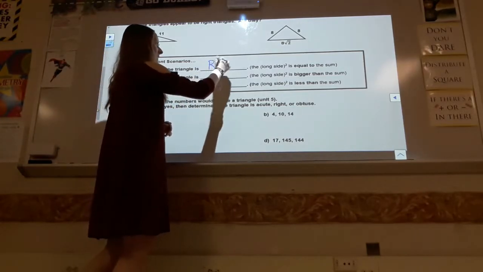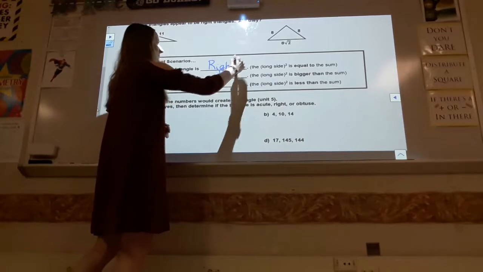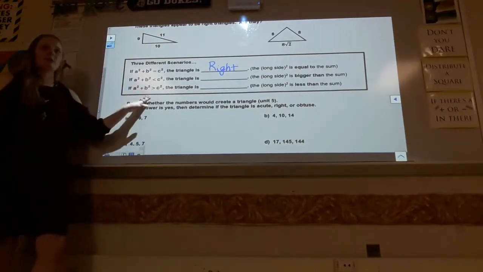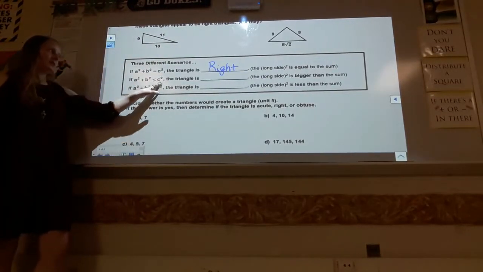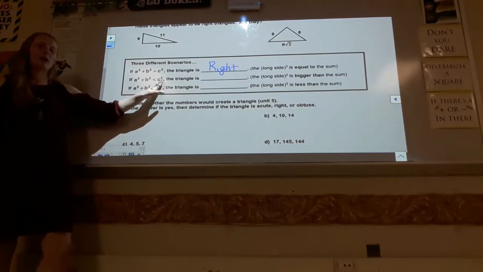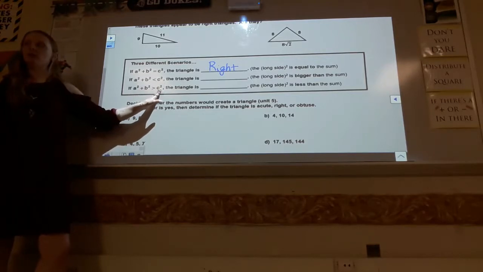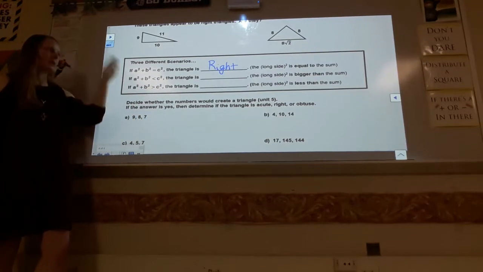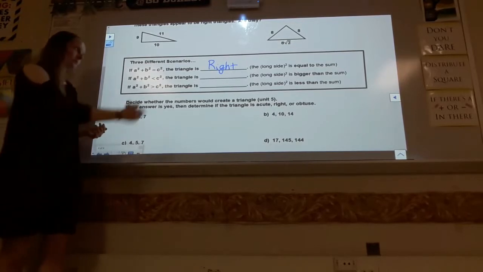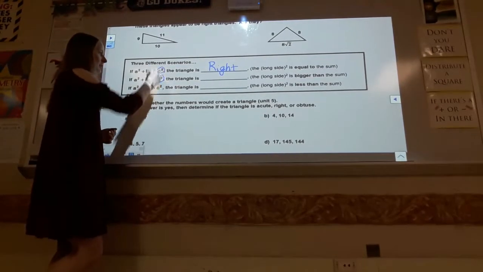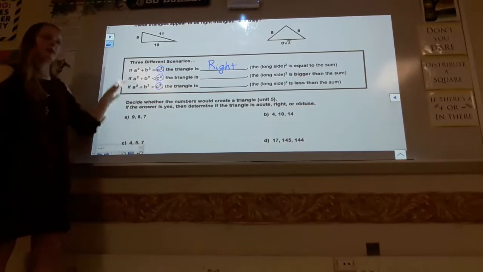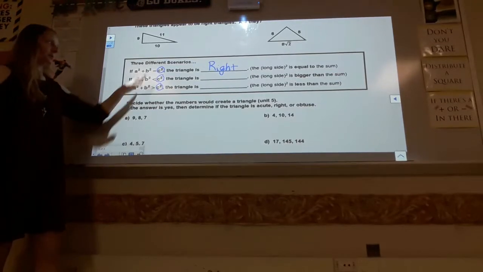A right triangle. So we know if they're equal, it's going to be a right triangle. Now we're going to look at these inequalities. If the longest side squared is bigger versus the longest side squared being smaller, that tells you what kind of triangle it is. So I'm focusing on the c squared in all of these rules. You still have to add the squares of the other two sides, but I'm focusing on this.